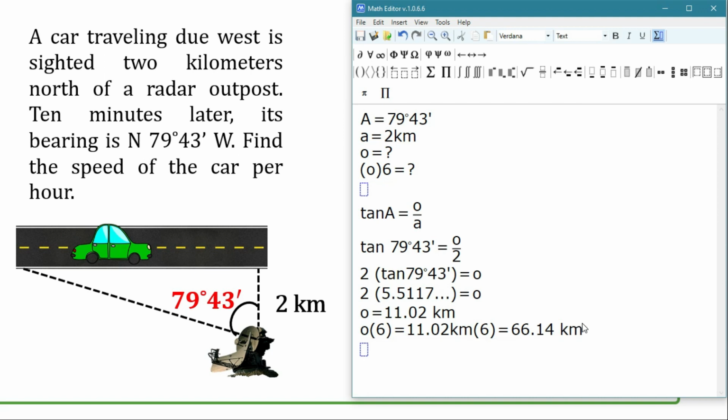So this will be the speed of the car per hour. Again, we multiply by 6 because the problem does not say otherwise, so we assume the car is at a constant speed. So that's 66.14 kilometers per hour.